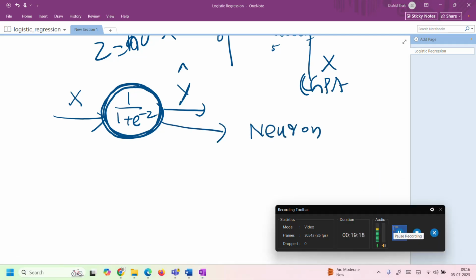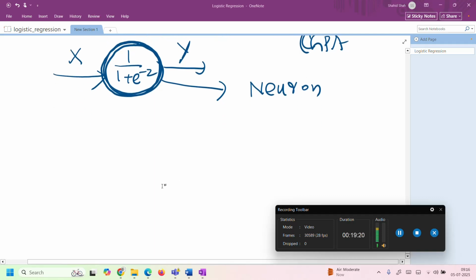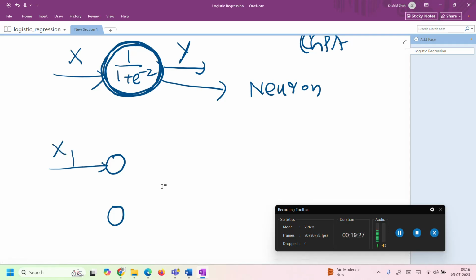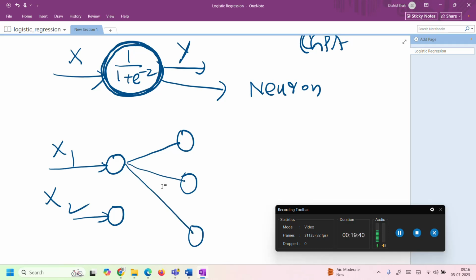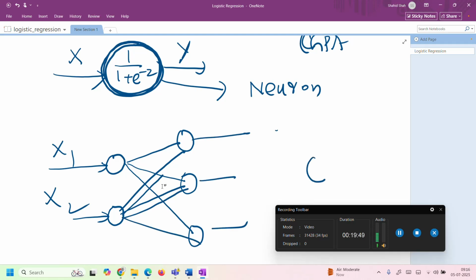Now what is done in a neural network? We basically have such units interconnected. Suppose we have two inputs, say x1 and x2. Let's say one is the CGPA and the other is the grade of some subject, and then there will be several units inside. The output of each unit is fed to another such unit, and then there is something called the output layer.